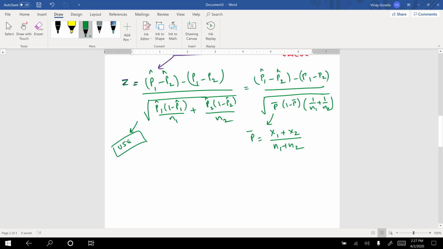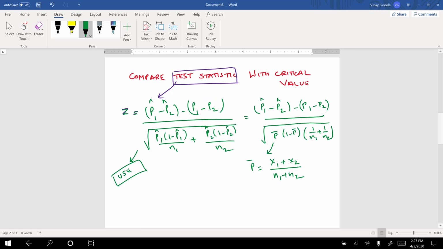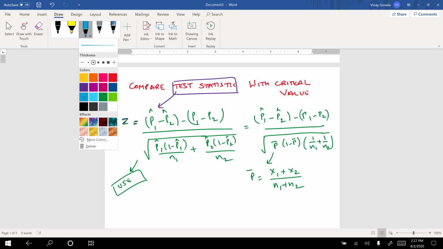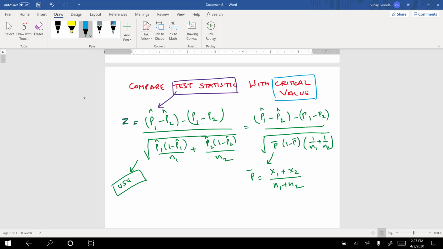The next thing is the critical value. You will compare the test statistic with the critical value. As we discussed, for two tail it would be z alpha over 2, because we are looking at both sides of the normal distribution curve.